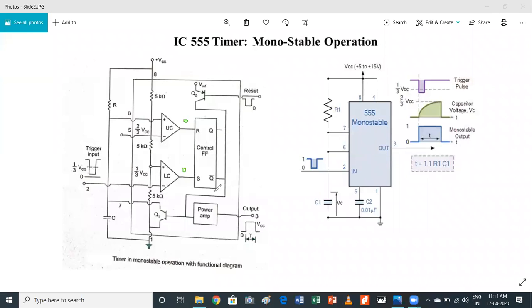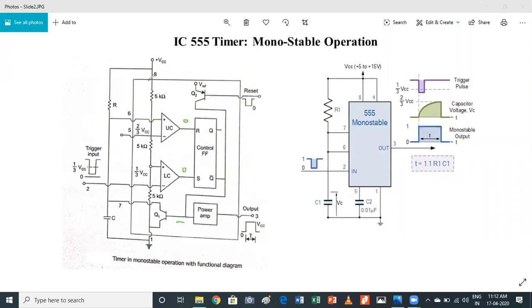Q bar is 1 means high is available here, and that high is given to the power amplifier. So the power amplifier inverts the output, and we get low at the output of the timer IC.